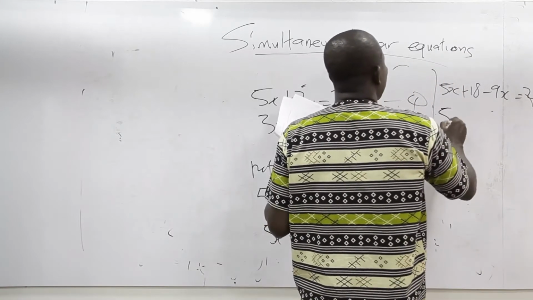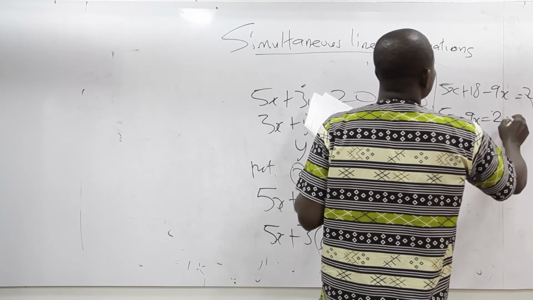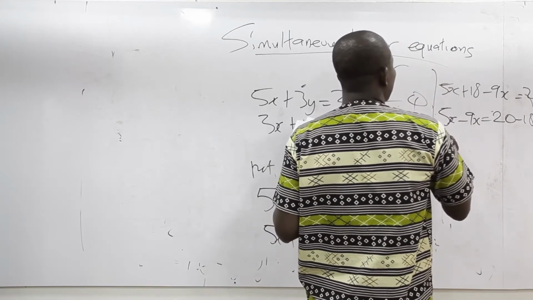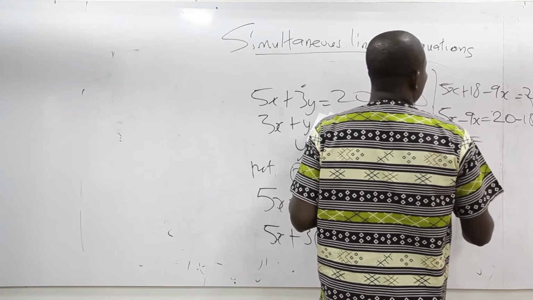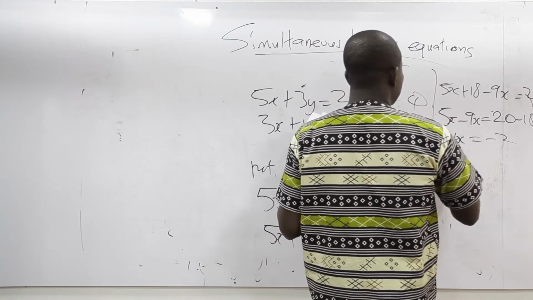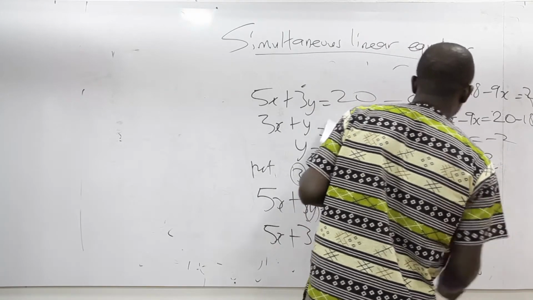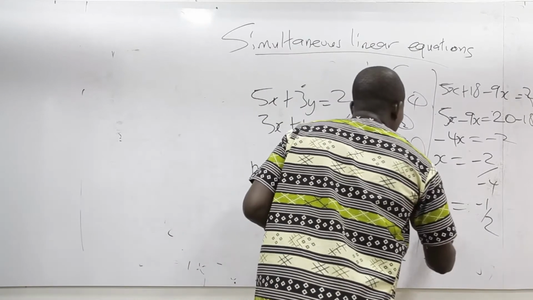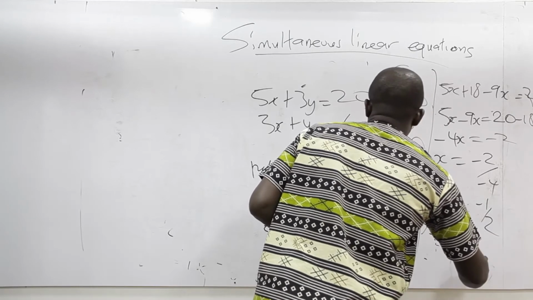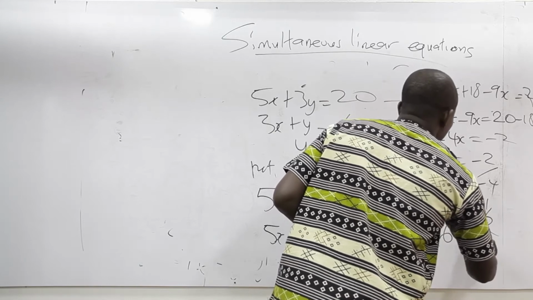So here I'm having 5x minus 9x is equal to 20 minus 18. So here I'm going to get negative 4x is equal to negative 2. Therefore, x is equal to negative 2 over negative 4, which is equal to half. So how do you get y? Y is equal to 6 minus 3x, where x is half.